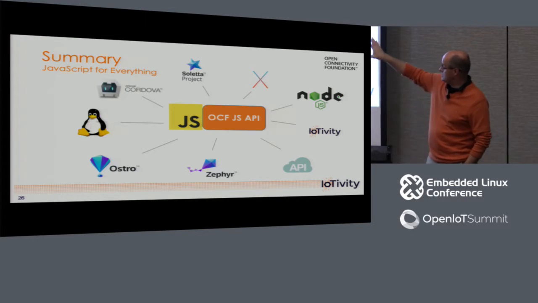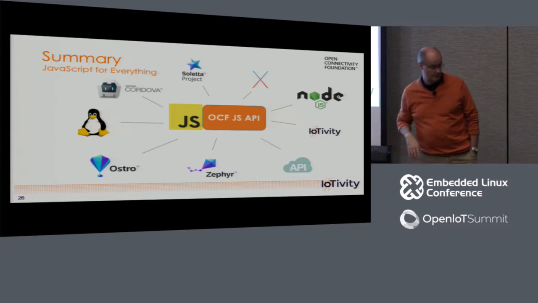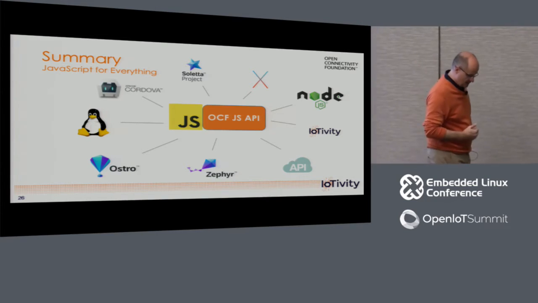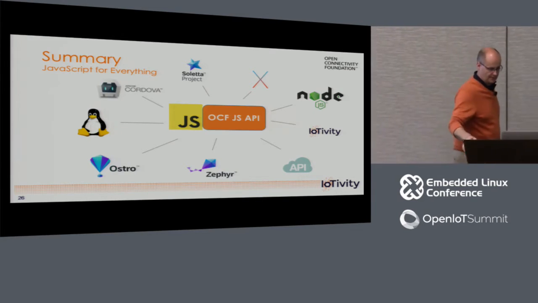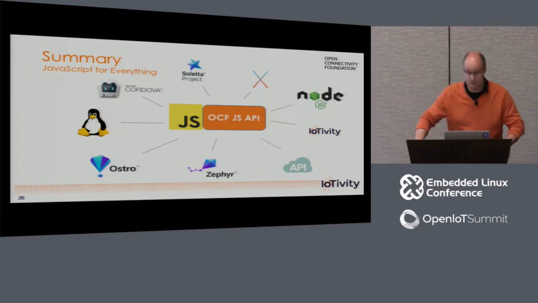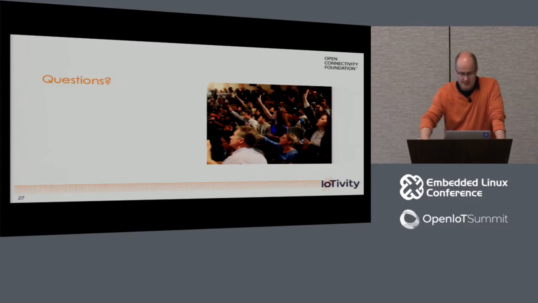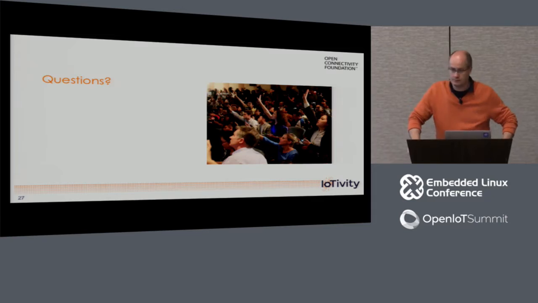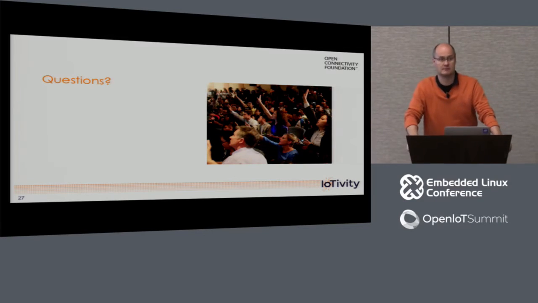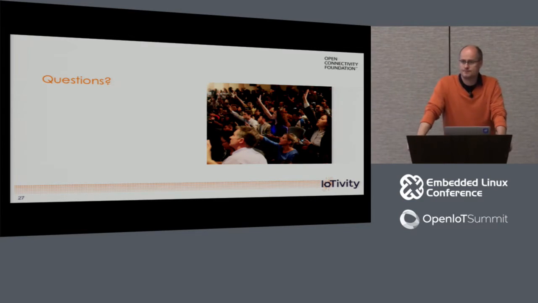So with that, I hope you get the vision that was presented on the first page, that you can actually use JavaScript for everything in IoT. All right, with that, I'll turn it over to questions. I think we have a few minutes.